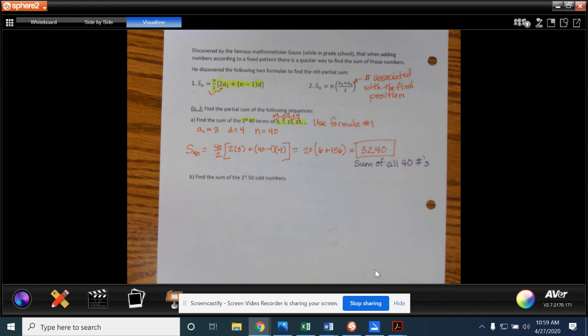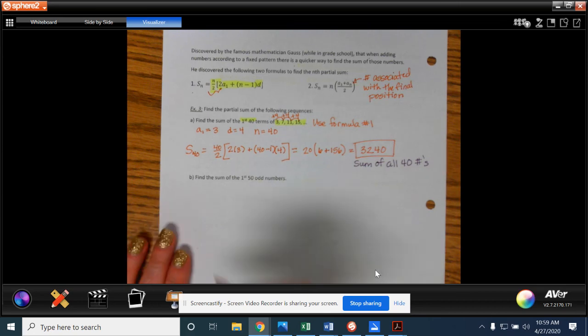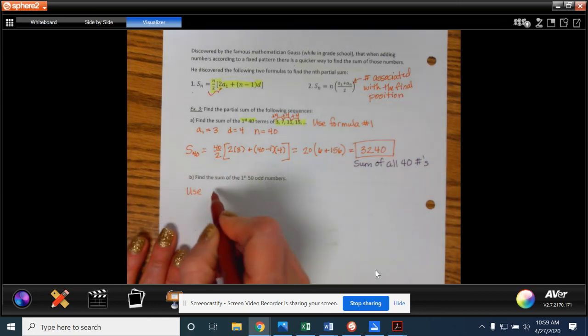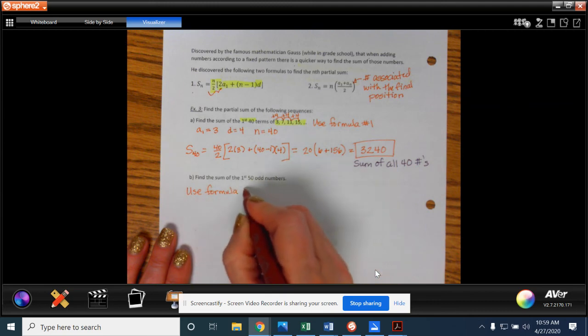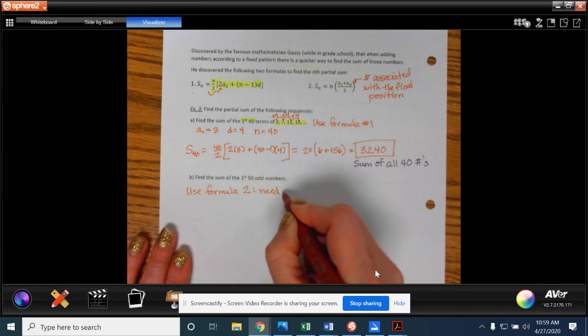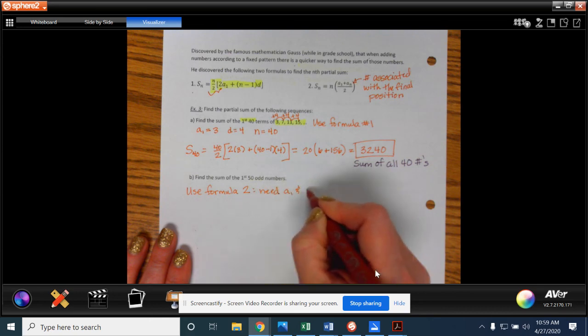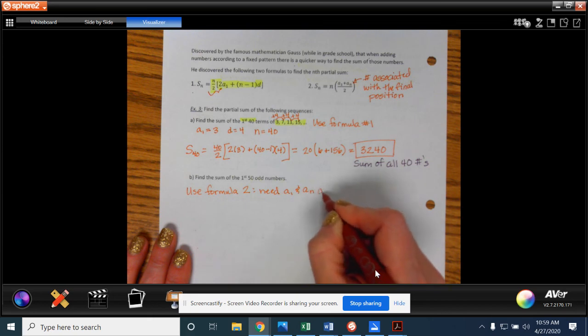So on this next one, find the sum of the first 50 odd numbers. Well, okay, let's think about it. Which one should I do? Eventually, I'm going to use formula 2. But if we use formula 2, I then need to know what a of 1 and a of n are.